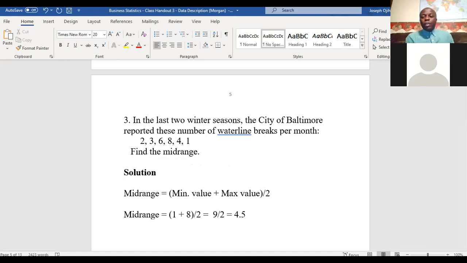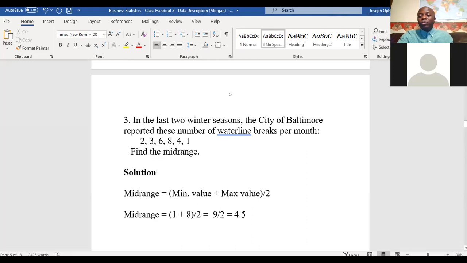Now, it depends on how to interpret this. That's why sometimes we say that you can massage statistics. You can lie with statistics sometimes. A journalist who is trying to say that the city of Baltimore is experiencing higher occurrence of waterline breaks can say that last winter month they have 4.5 waterline breaks or more.